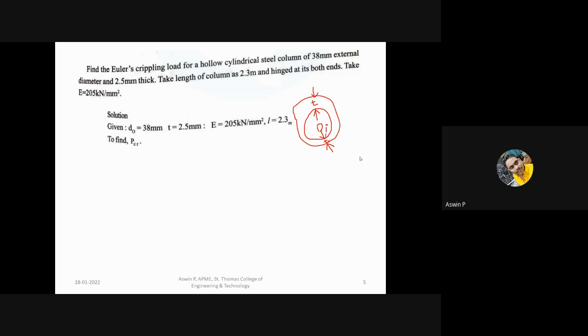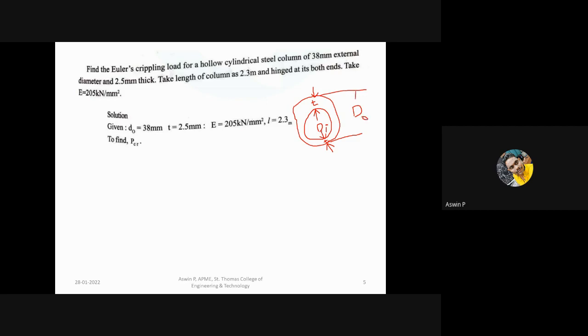For that, we need the available data. The given things are the outside diameter of the hollow cylinder, which is 38 mm. If this is the hollow cylinder, the inside diameter is di and the outside diameter is Do.